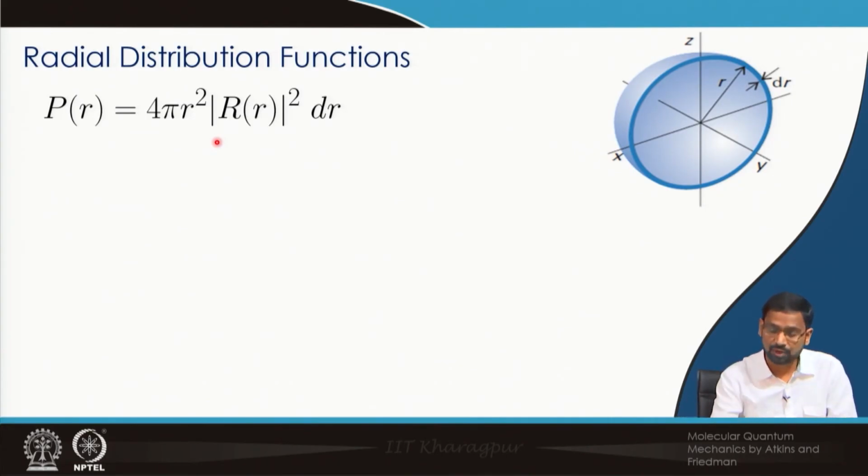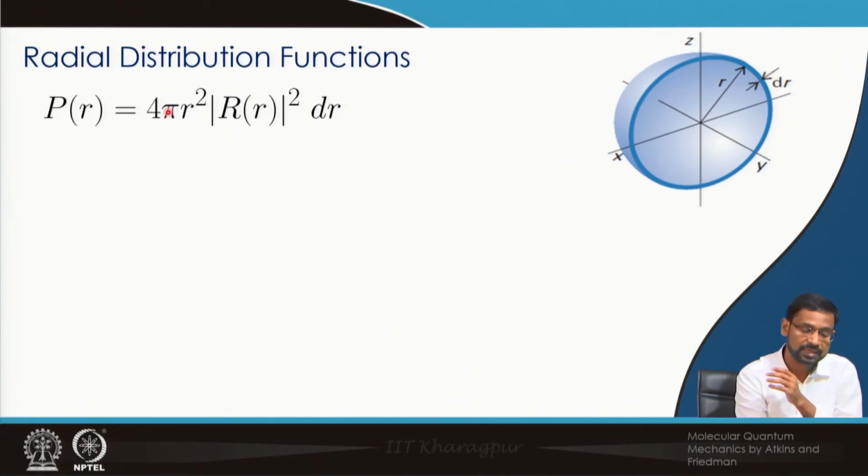It is as if we are trying to calculate the probability distribution in this ring which is given by radius r and radius r plus dr. How do we get that? We can obtain that value if we integrate out the two angular coordinates, theta and phi, and only retain the radial part of the solution.